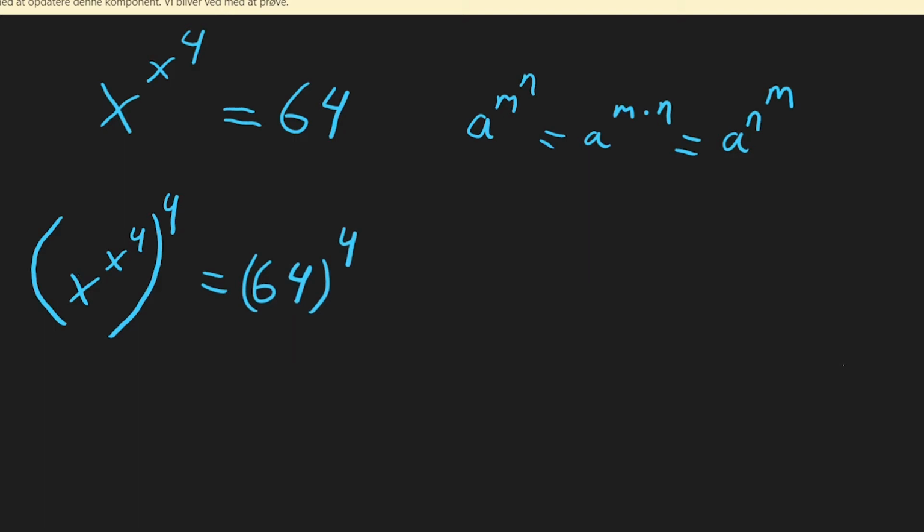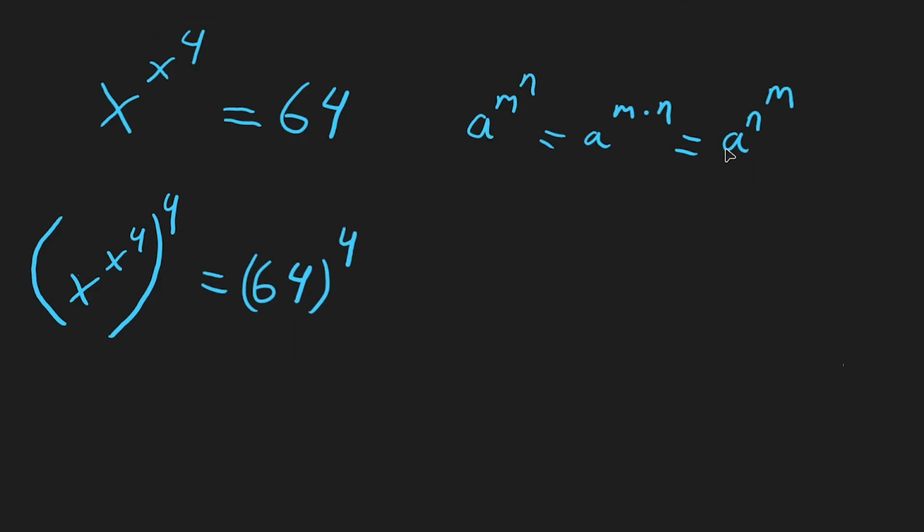By this rule, this equals x to the fourth power times x, which still equals 64 to the power of four.